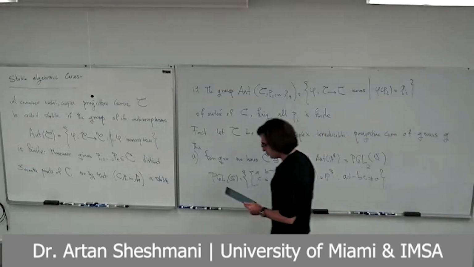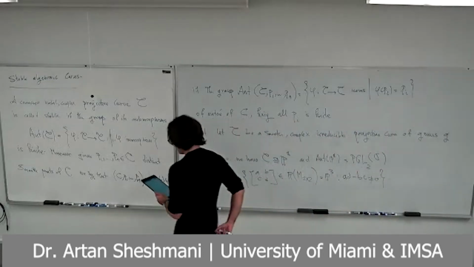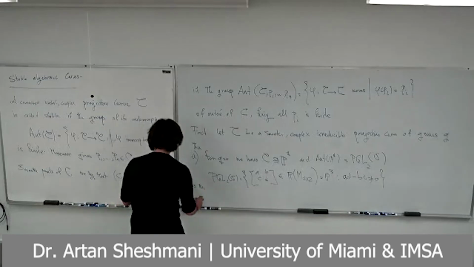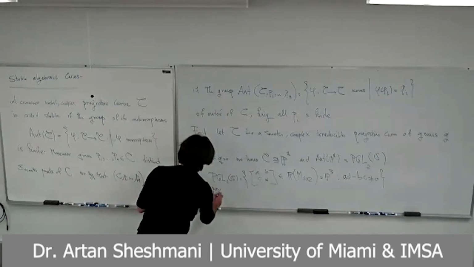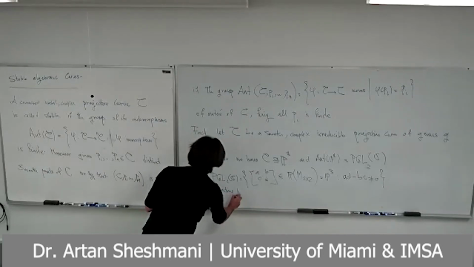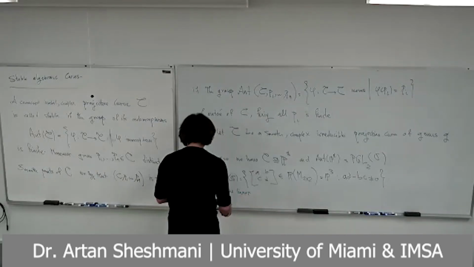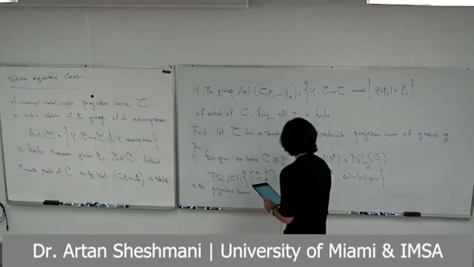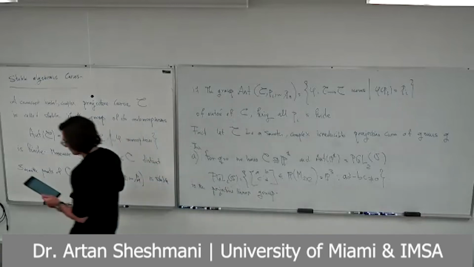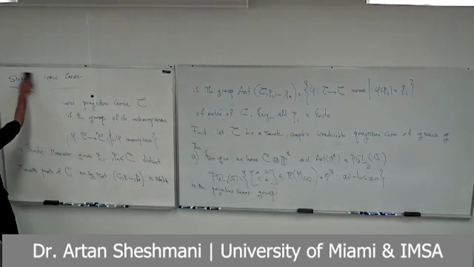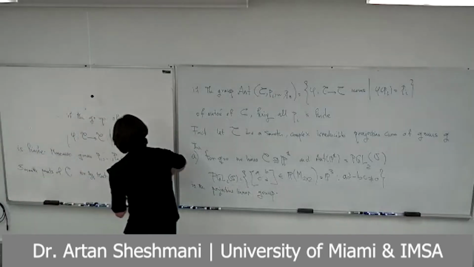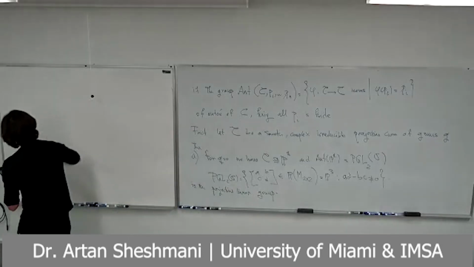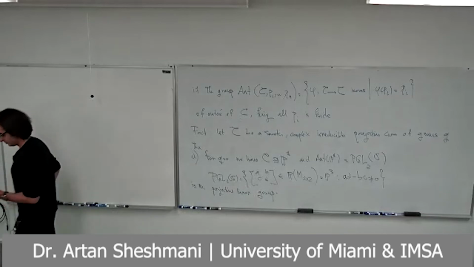The 2 by 2 projective general linear group is the projective linear group. Okay? Now this projective linear group acts as automorphisms on P1, and P1 has 2 homogeneous coordinates, right?